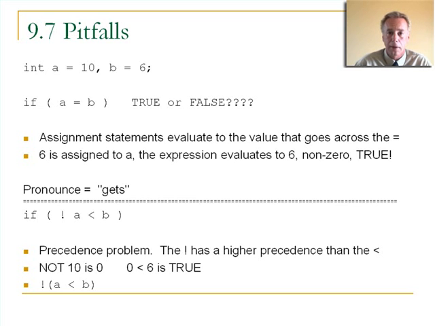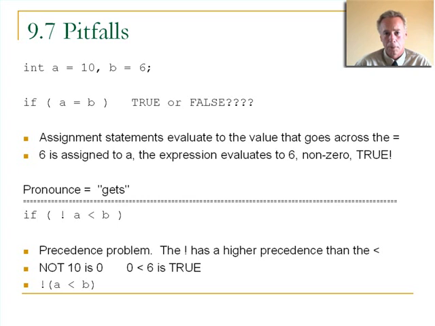If A has 10 in it, what is not 10? 10 is considered to be true. What is not true? False, which is 0. So the way this is written, if not A is less than B, is probably not what the programmer had intended. The programmer had intended to evaluate A is less than B and then invert the logical result with the not. So the parentheses are almost always used with the not operator, and it's written there at the bottom, not parentheses A is less than B.